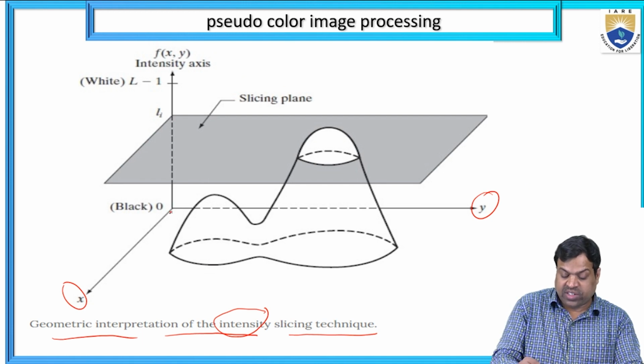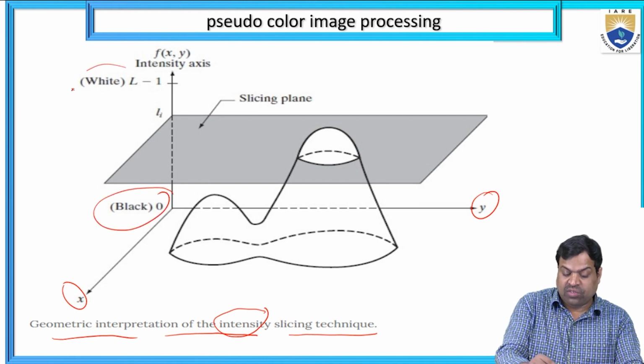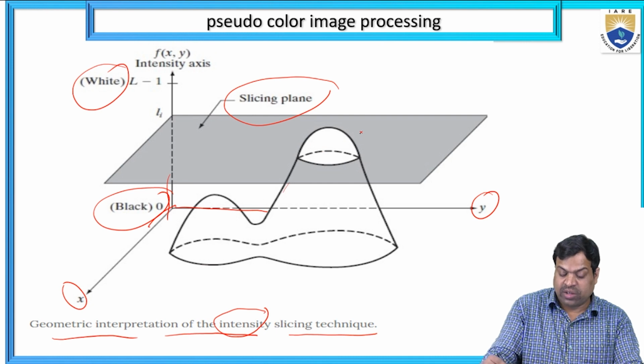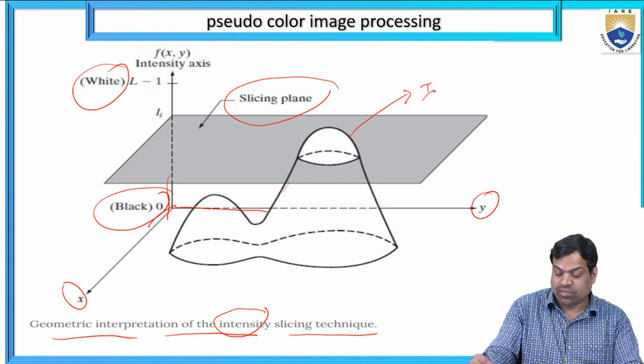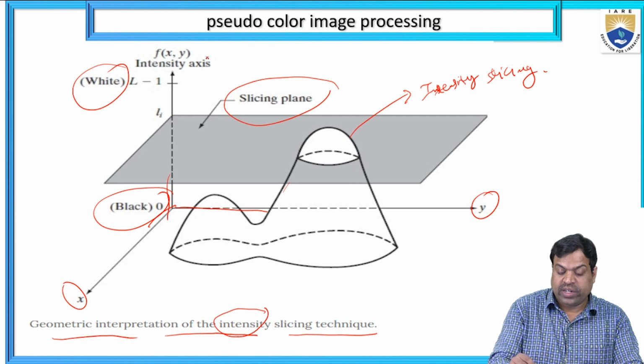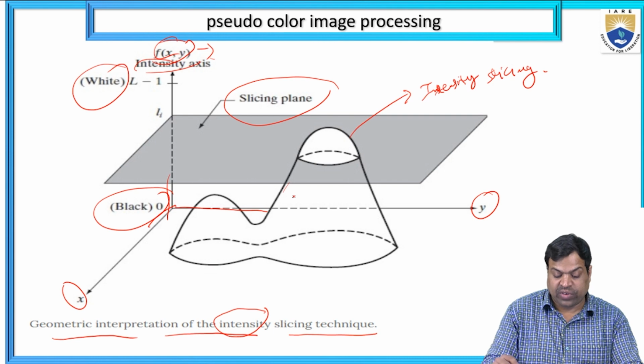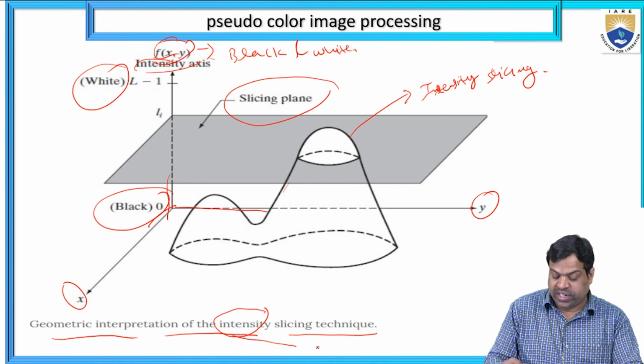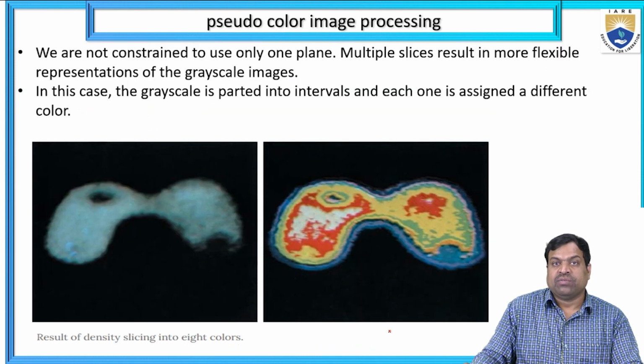Here the x-y plane is the black and white image, and this is one intensity slicing plane at an intensity level. The intensity axis is f of x comma y, a combination of x and y, black and white. That is intensity color slicing.